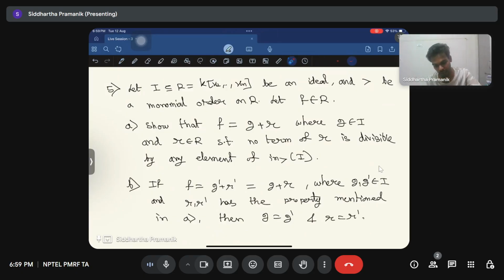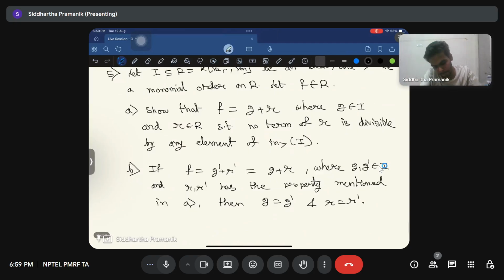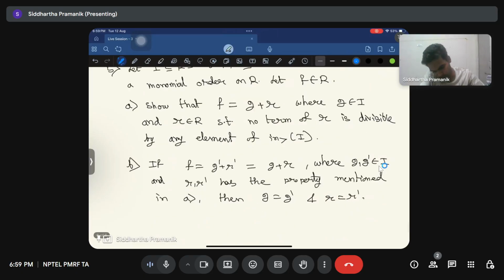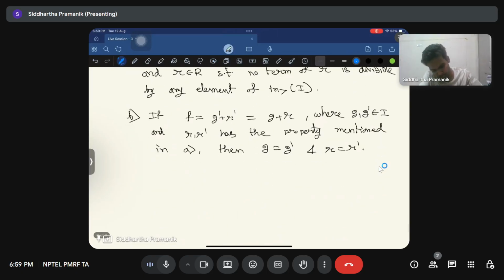So that means this G and R are unique. This is actually an easy application of the division algorithm and division by the Grobner basis of an ideal. So let's prove this.